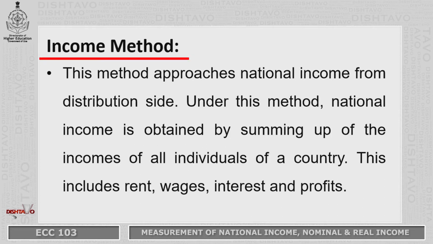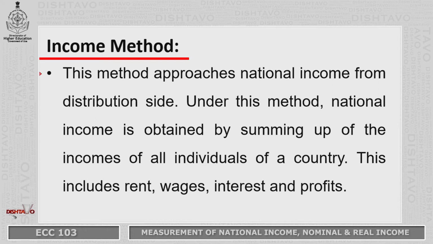The second measurement of national income is the income method. This method approaches national income from the distribution side. Under this method, national income is obtained by summing up, in the sense of addition of, the incomes of all the individuals in a country. Since we are talking about macroeconomics, we consider all the individuals in the economy, or the economy as a whole. This includes rent.